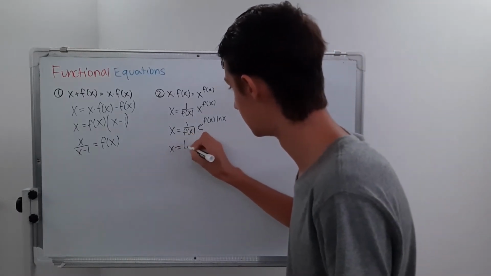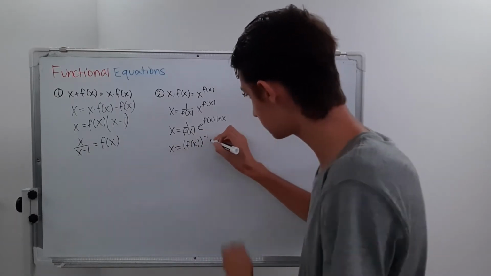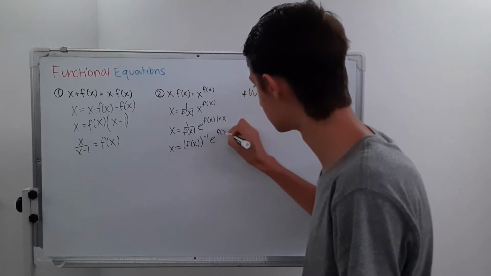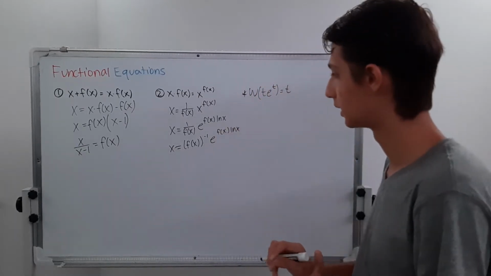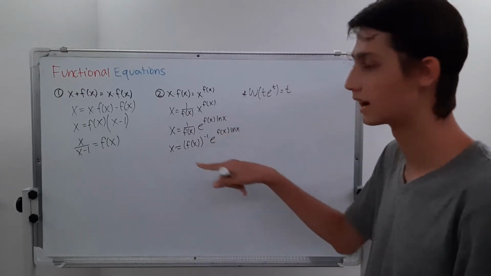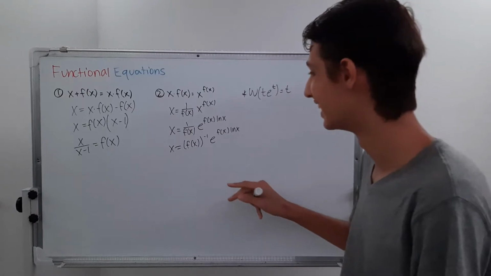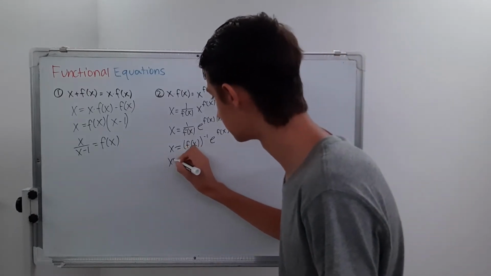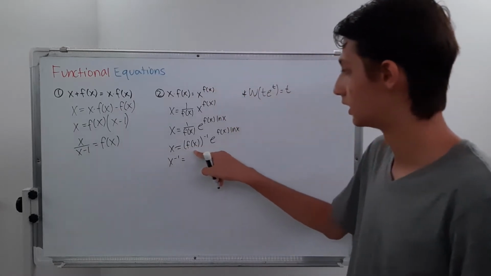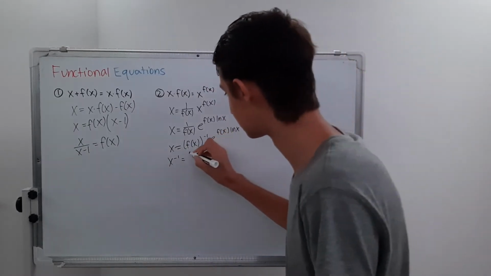This is f of x to the negative 1 times e to the f of x ln x. So how would we fix that? Well, we could take the negative 1 power on both sides, and you can see that that's going to really help. So we get x to the negative 1 equals, well, this f of x to the negative 1 to the negative 1, that's just going to cancel out.